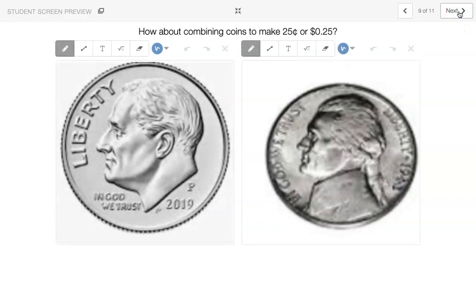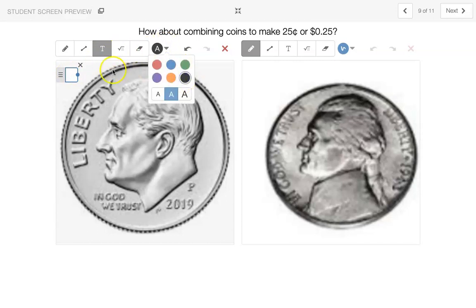Now, how about combining coins? All right, I want to make 25 cents, and I have some dimes and I have some nickels. So let's see, how many dimes? Let's start with the number of dimes. Suppose I have 2 dimes. 10, 20, right?